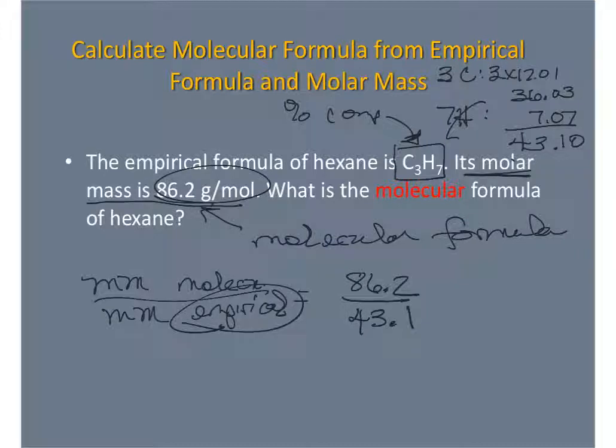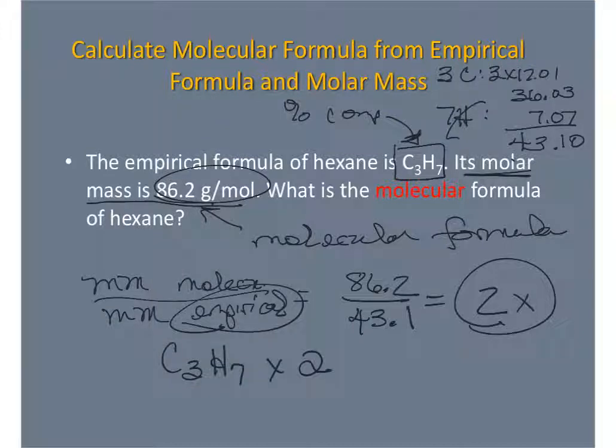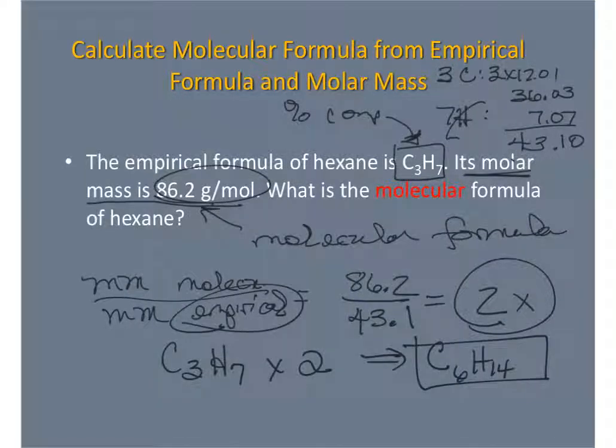So 43.1, perfect match, right? So that means that the molecular formula is 2 times larger than the empirical formula. So the empirical formula is C3H7, multiply that by 2, and what you get is C6H14. So C6H14 is the molecular formula.